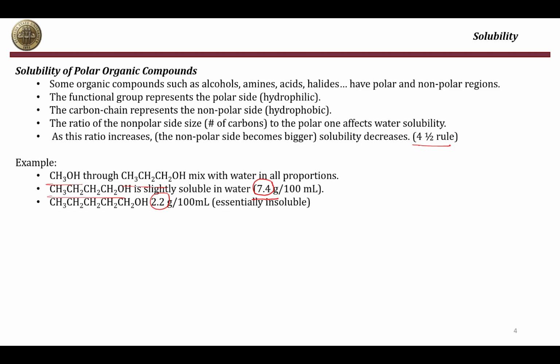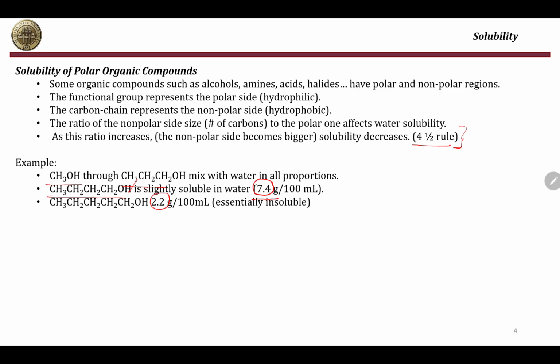So up to 4 carbons, the compound had acceptable solubility in water. However, adding one more carbon caused a dramatic decrease in the solubility, and this is what we mean by the 4.5 rule.